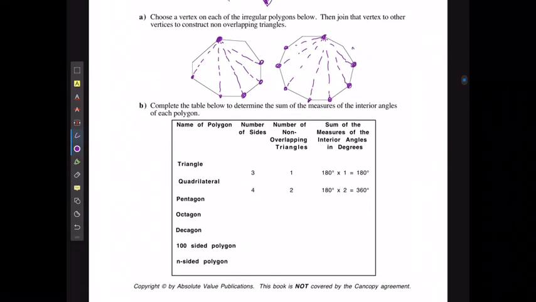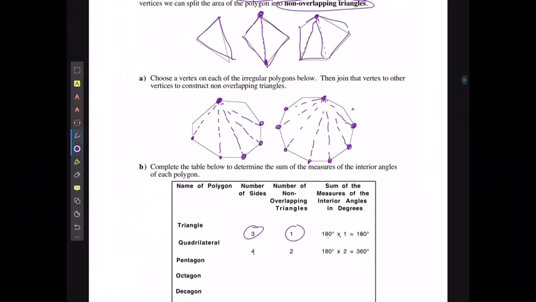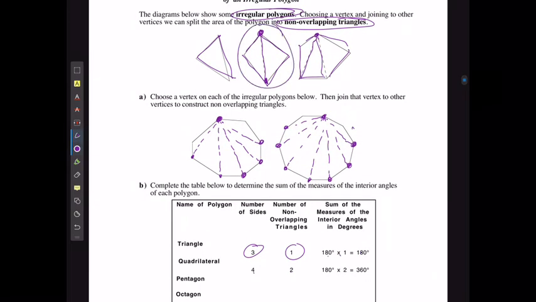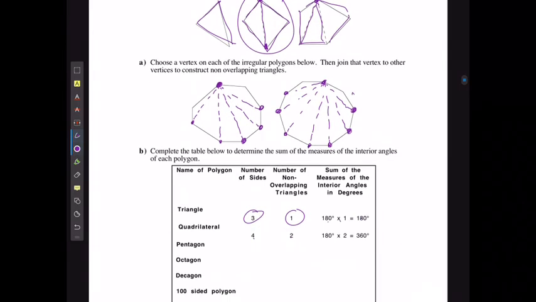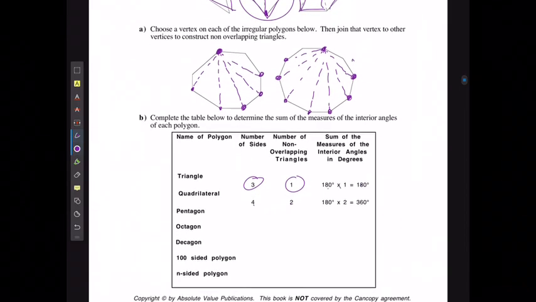So based on the number of sides, if I have 3 sides, I can have 1 non-overlapping triangle, which means that the sum of the interior angles is going to be 180 times 1, or just 180. If I have 4, then I'm going to have 2 non-overlapping triangles, like we see up here. 2 times the total of the triangle, 180, is going to give me 360.